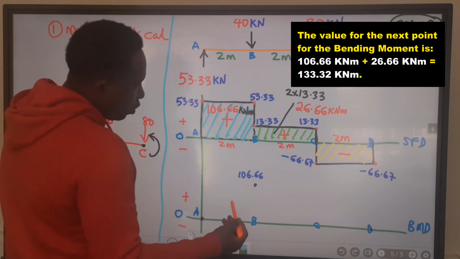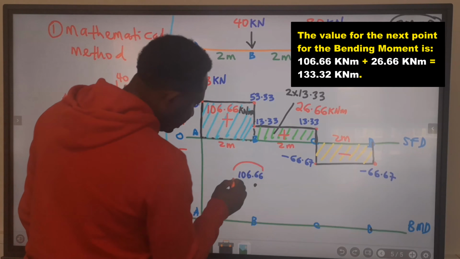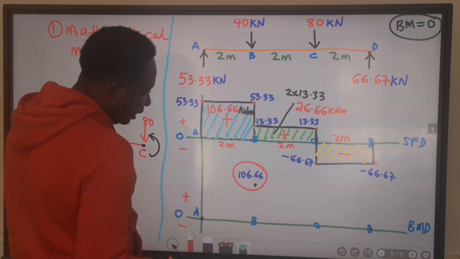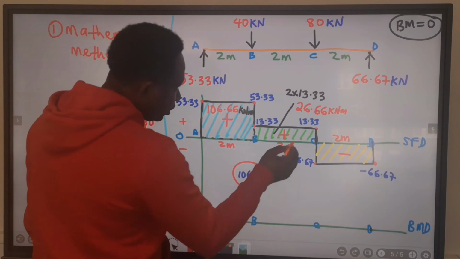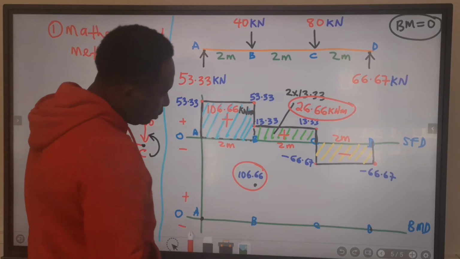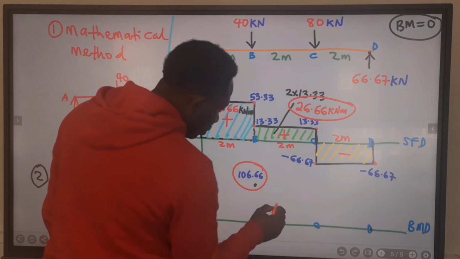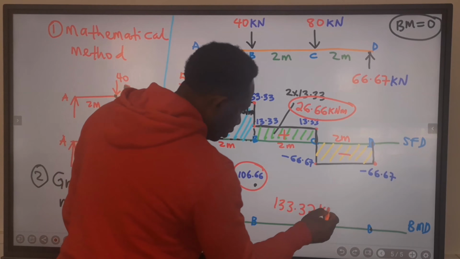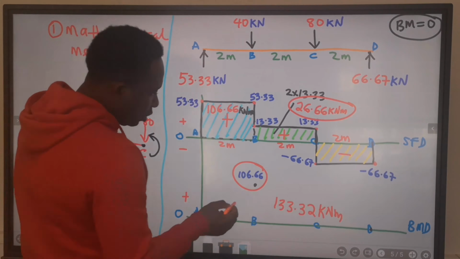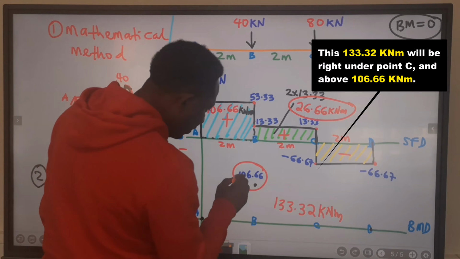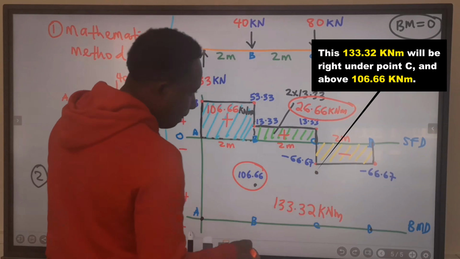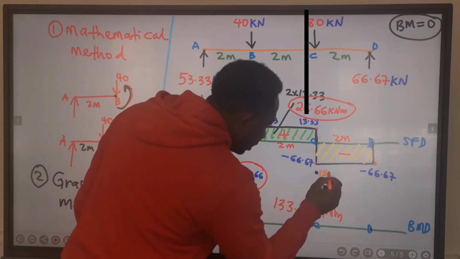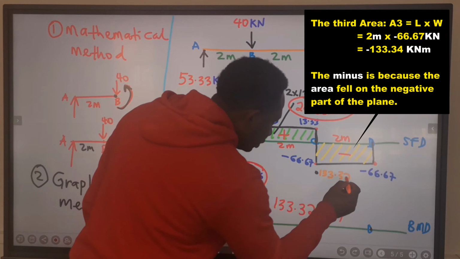Remember, it was 0 plus this that gave us this. Now, we're going to add this to the new value. The new value of this addition will give us 133.32 kilonewton meters, which is a point above this value, not to scale. Hence, this new point is 133.32.